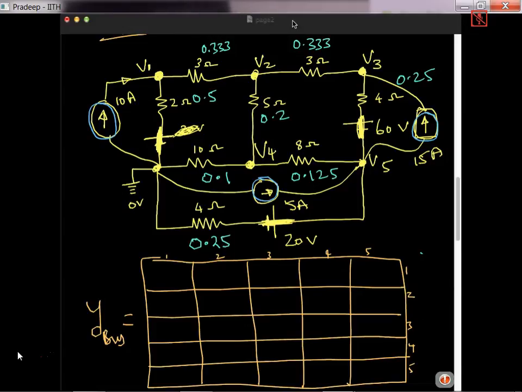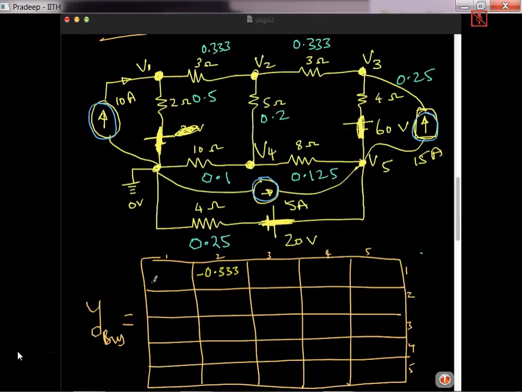So look at this. This is node 1, node 2. Between 1 and 2, 0.333 is there. So minus 0.333. Let me use a different color. Okay, next between 1 and 0, there is 0.5.